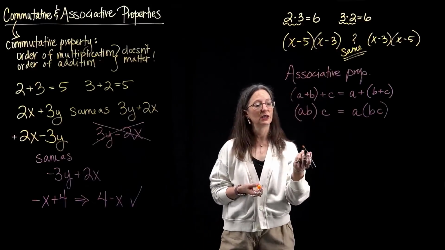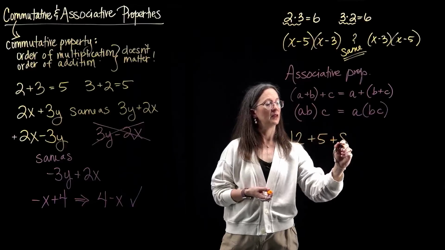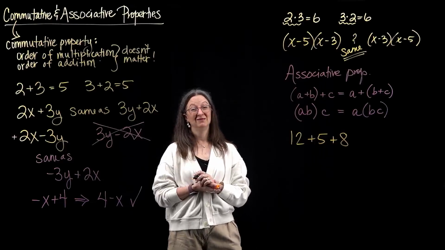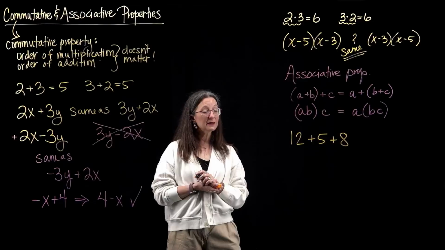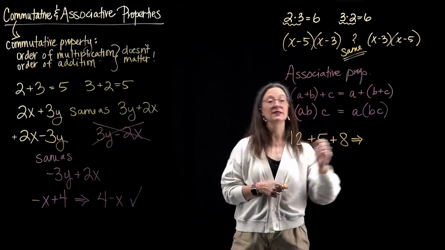This is a property that may make your life a little bit easier sometimes. So with the addition, if I had 12 plus 5 plus 8, guess what? I could rewrite this and group them in a way that made my life easier.